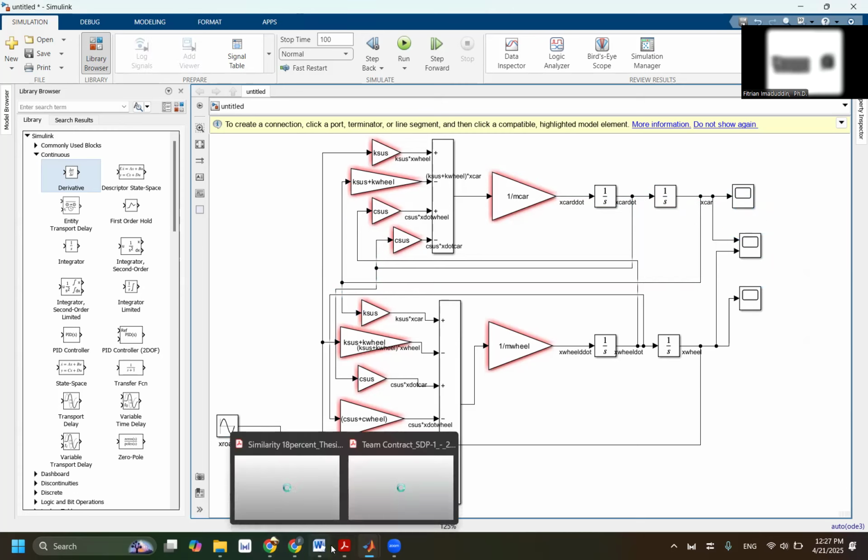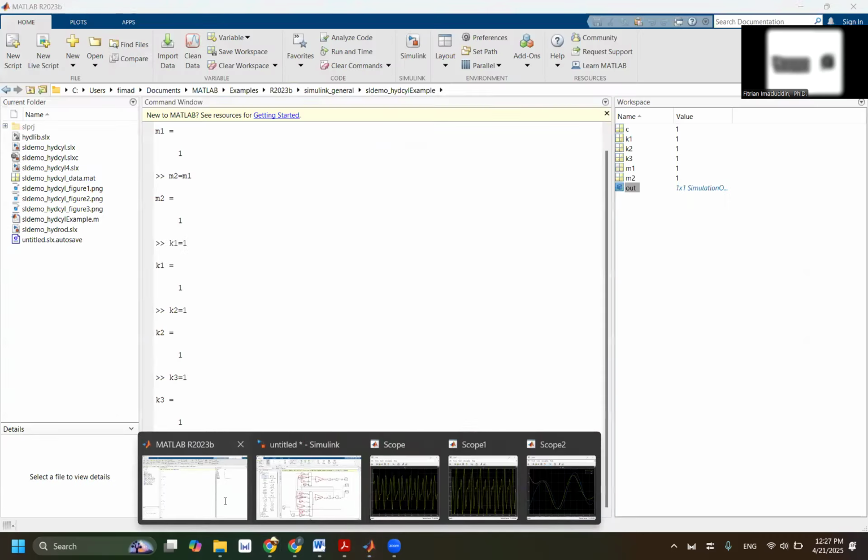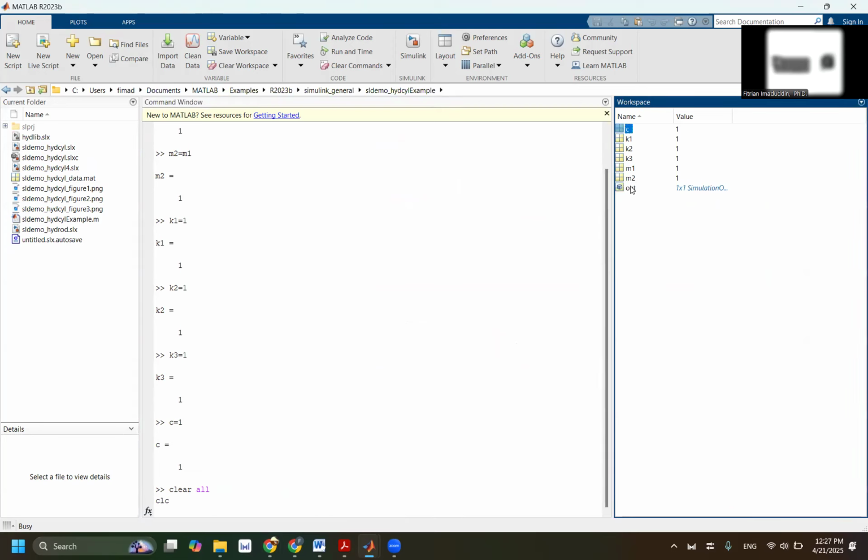This is still red again because the one in the workspace is not updated. So I'm going to remove everything.